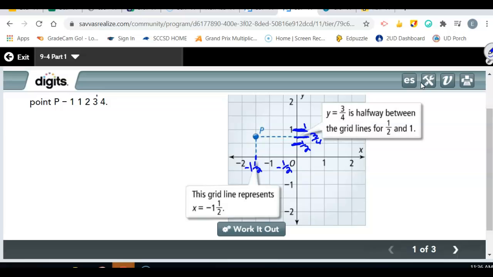It's halfway. What's in between a half of a dollar and a whole dollar? 75 cents, which is how many quarters? 3 quarters. That's 3 out of the 4. We're normally going to stick around halves and quarters, so that would be helpful.